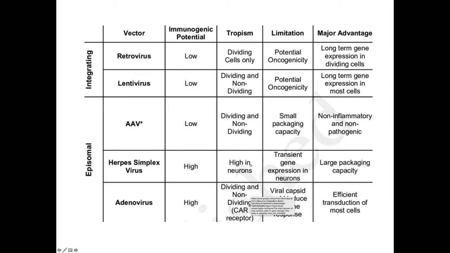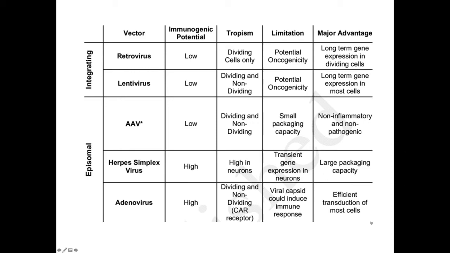Herpes simplex viruses can enter neurons, which a lot of different viruses can't do. AAV vectors can go into dividing and non-dividing cells, as well as adenoviruses. But as I said before, the adenoviruses have small packaging capacity, and there's a concern that they have the ability to induce a strong immune response.